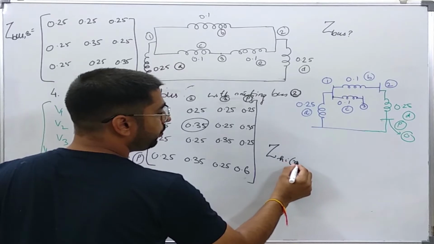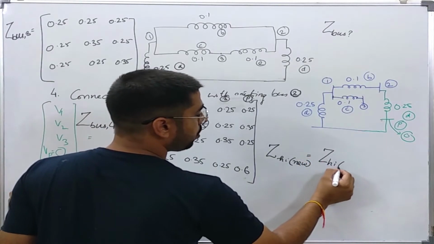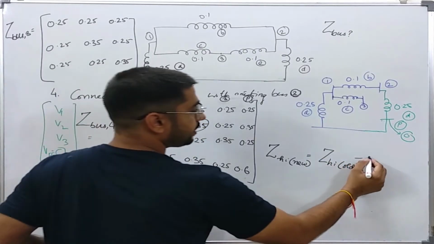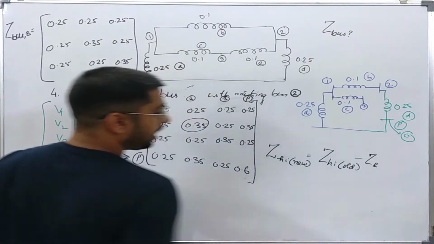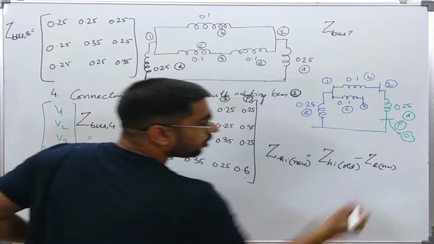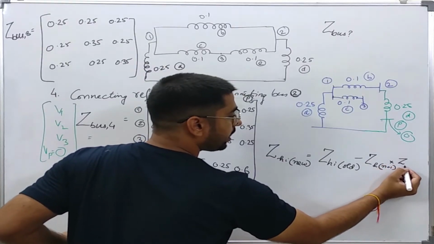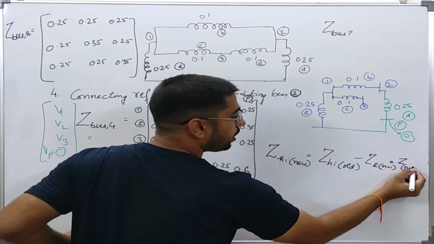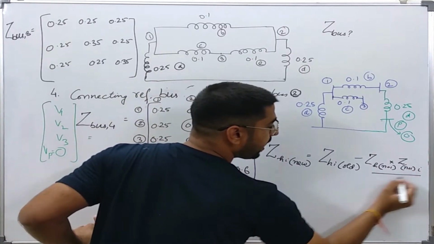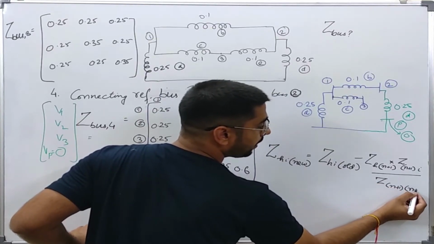Zhi new is equal to Zhi old minus Zh of the highest order column into Z of the highest order row and i, divided by the element in the highest order row and column.